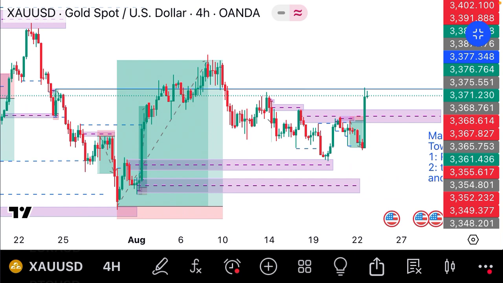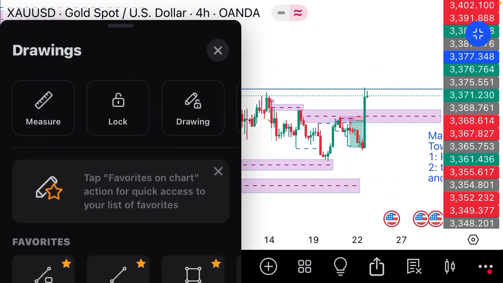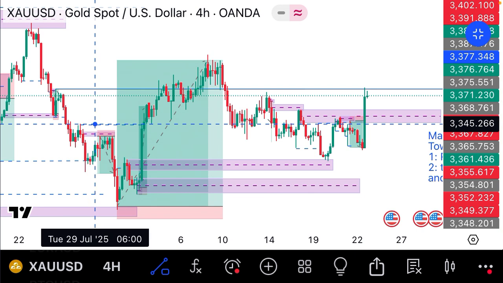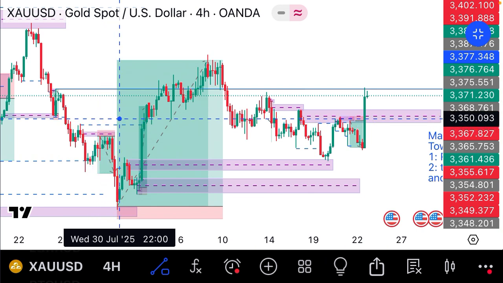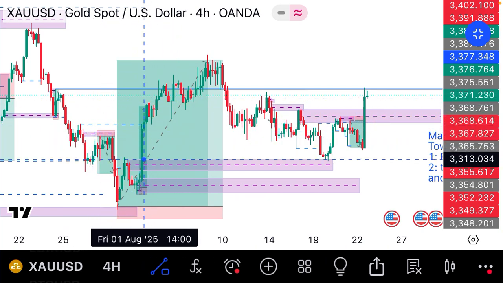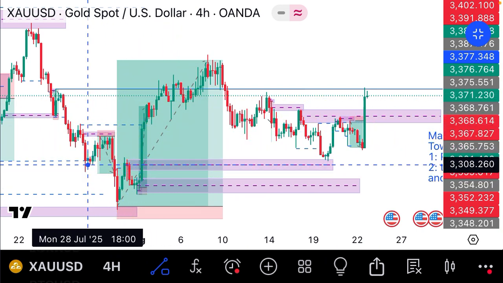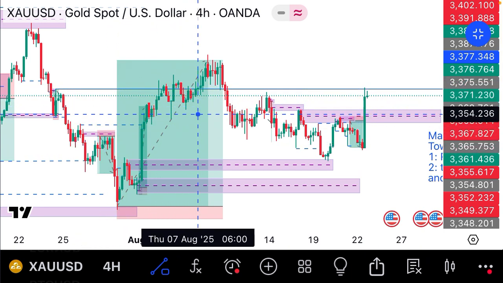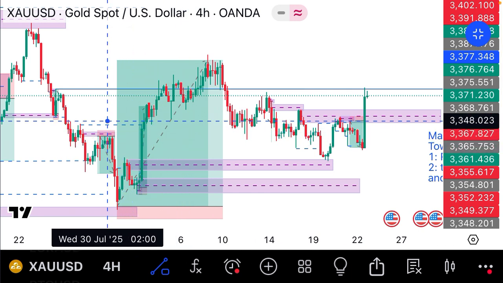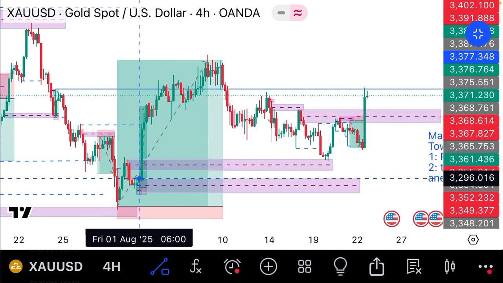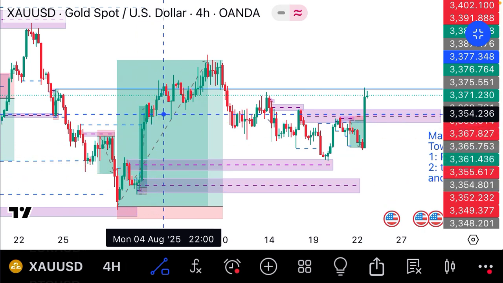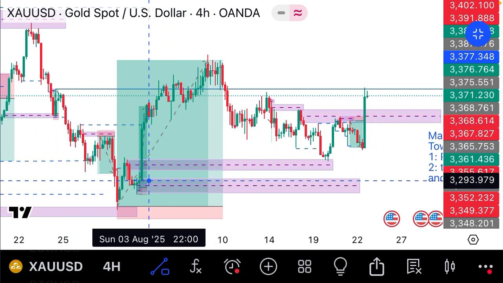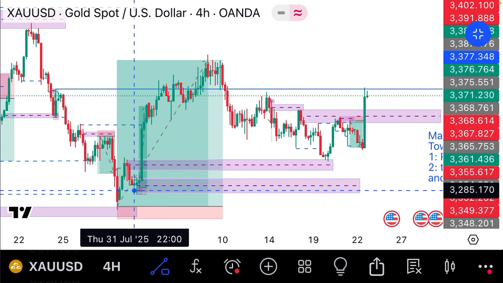So here is a break of structure on gold. After the break of structure, there must be an inducement close to your POI. Like I said, if there is an obstacle like this, price will not come and start looking for a POI at this level.